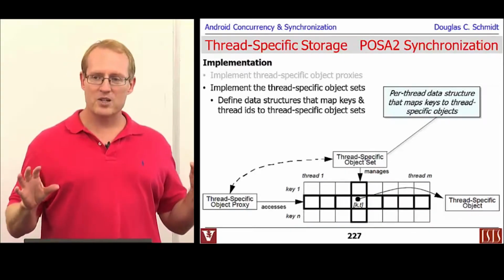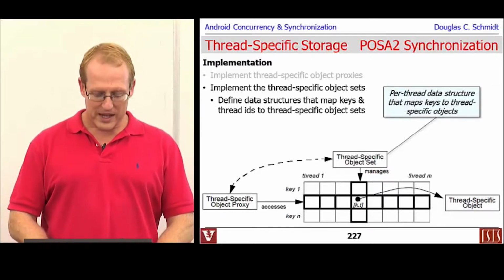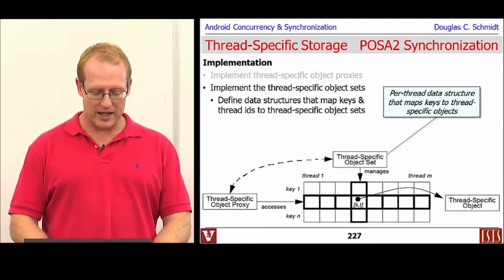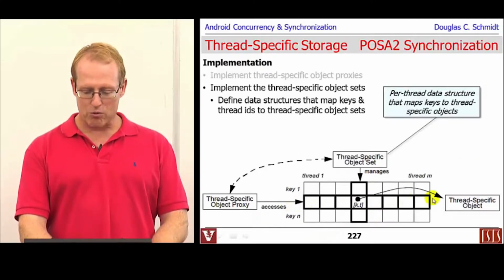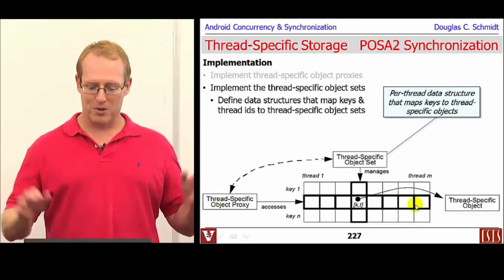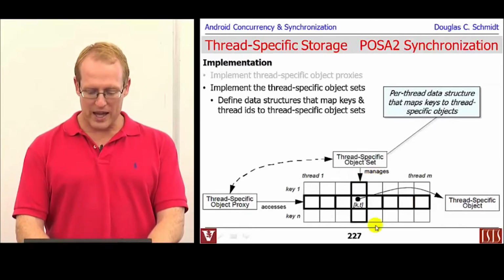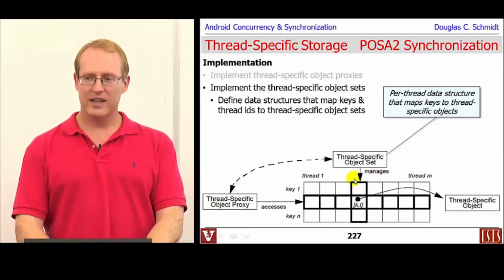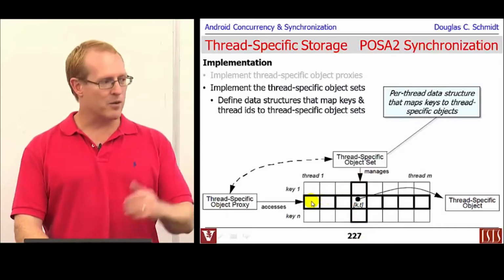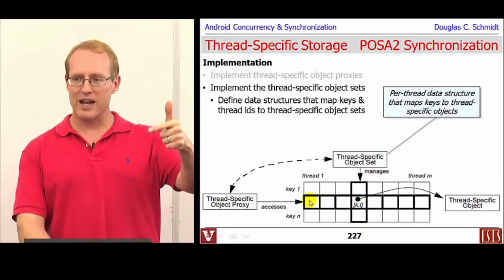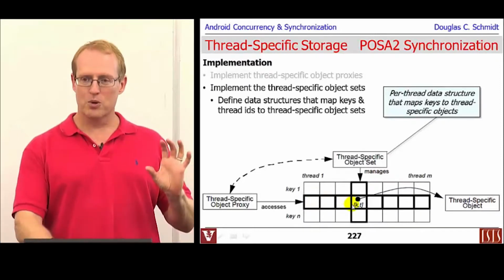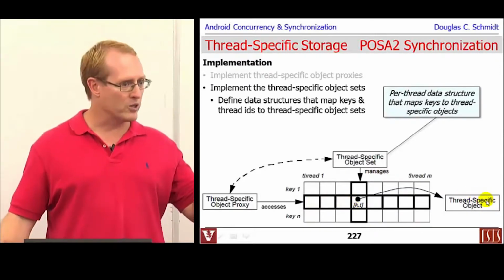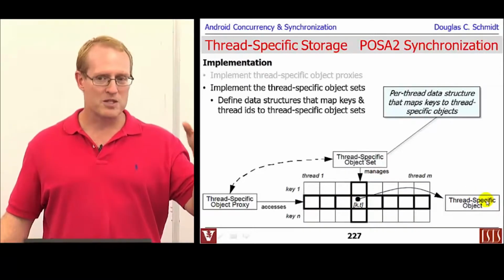Leaving aside implementation details, from a logical point of view, each thread-specific object proxy corresponds to a row in a two-dimensional table, and each thread corresponds to a column in this table. When a particular thread accesses a particular key, that tuple will get you to a pointer or reference to the thread-specific object.